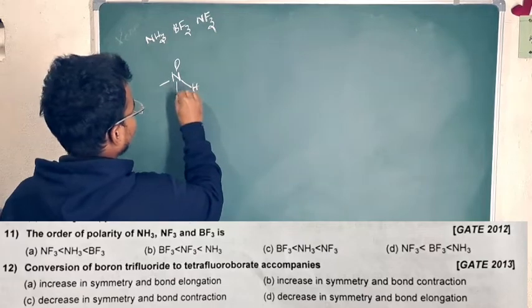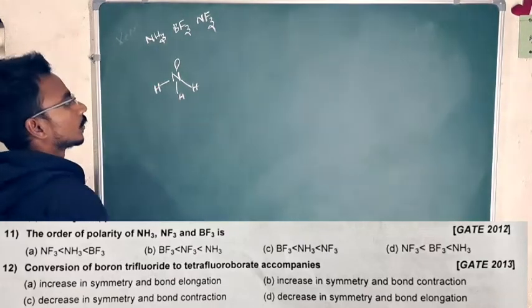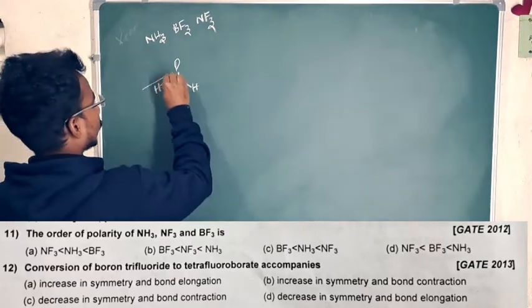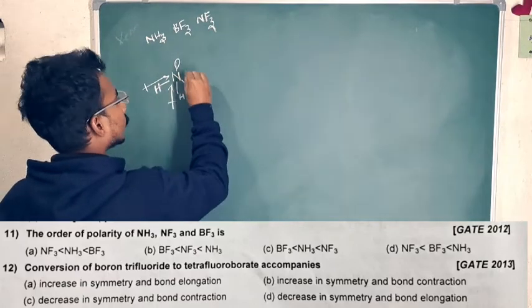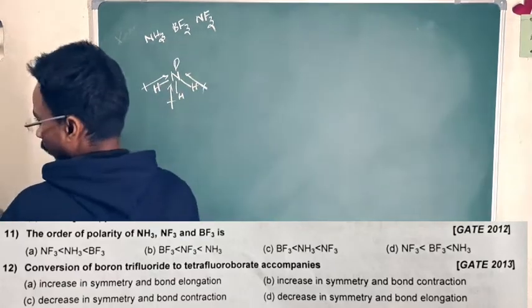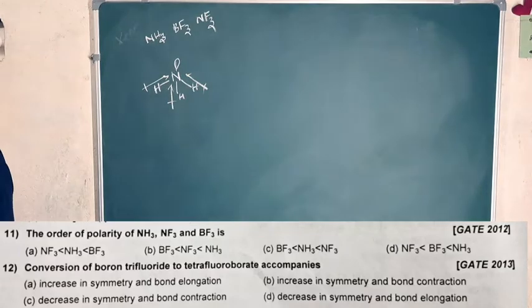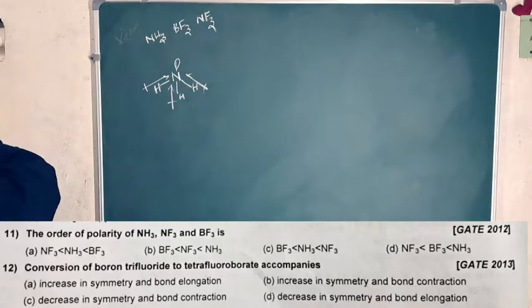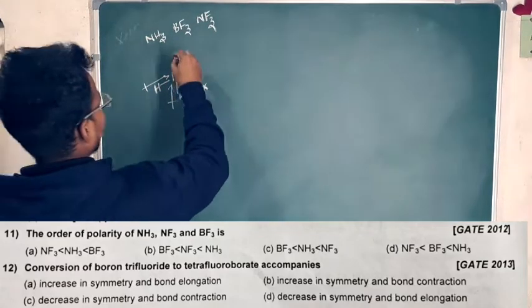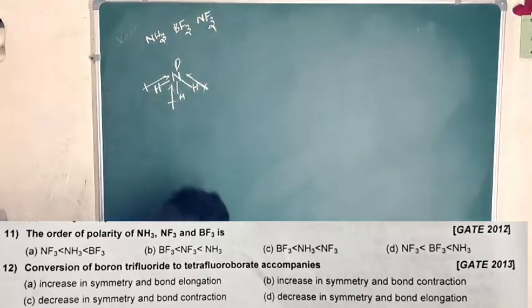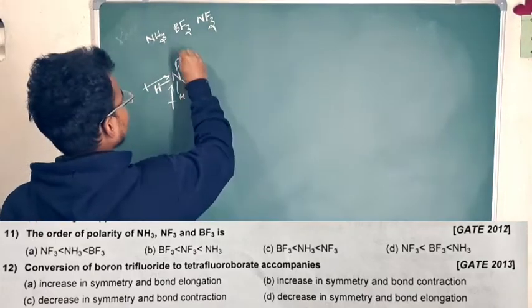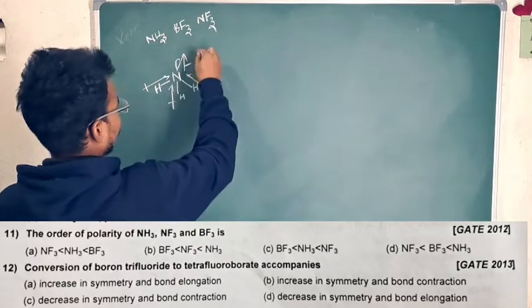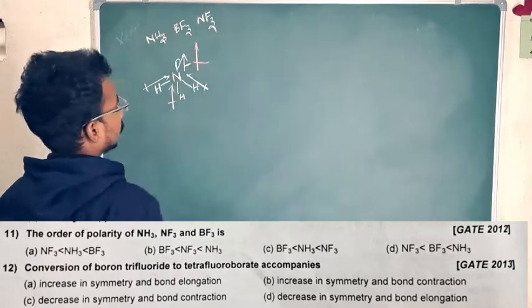NH3 is pyramidal. So nitrogen has the lone pair. So the resultant vector will be upward.